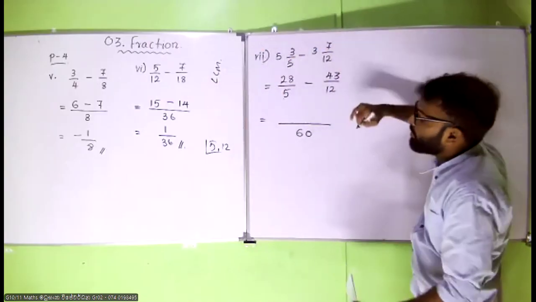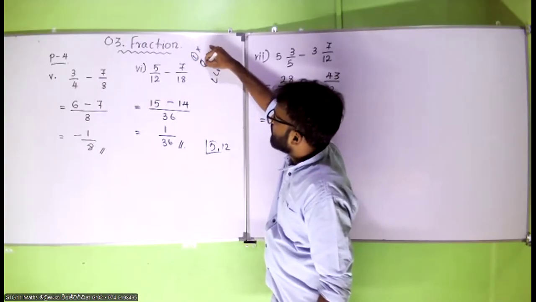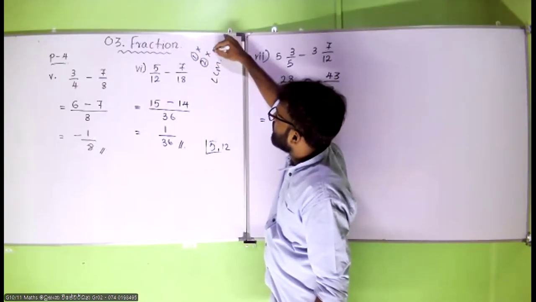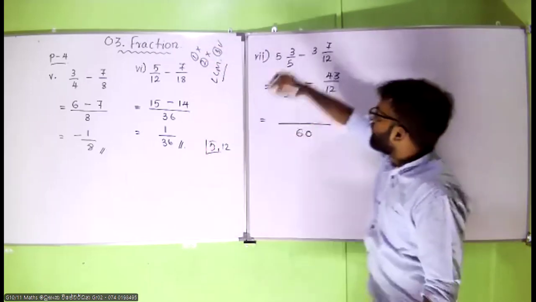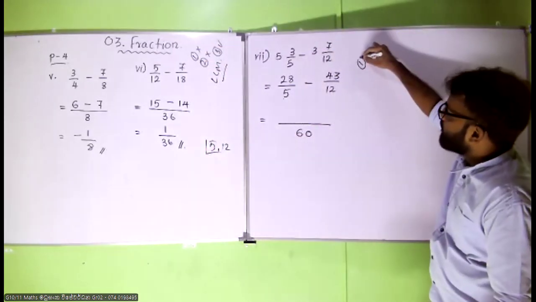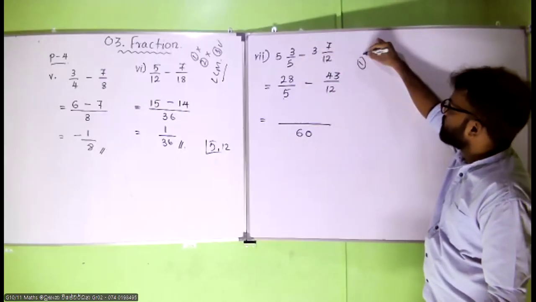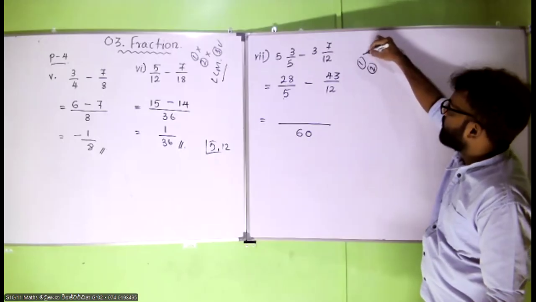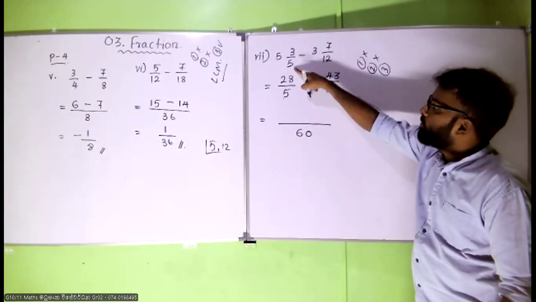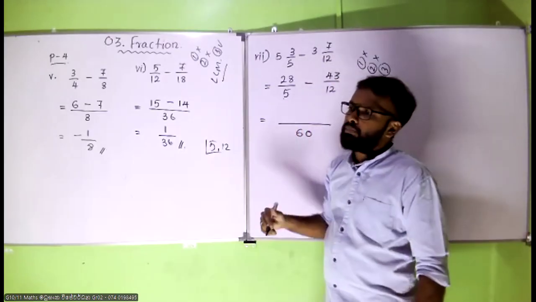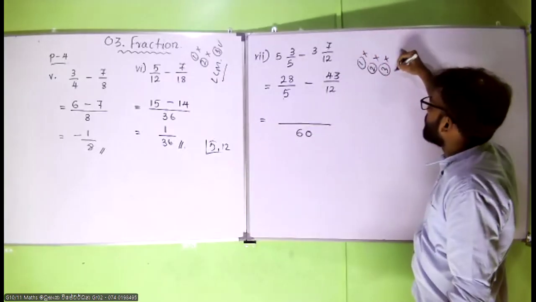But when it comes to here, right? The first one is not satisfied. The second one is not satisfied, but the third one is satisfied. Common factors are there, so you need to find the LCM. But here, 5 is not a multiple of 12, 12 is not a multiple of 5. The first and second are not satisfied. Third one, 5 and 12 do not have any common factors, so it is not satisfied.